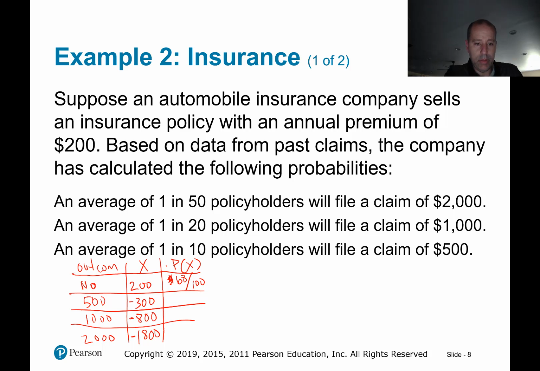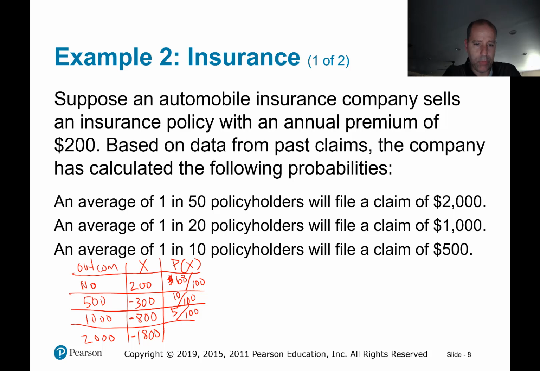This was 10 over 100. And then the other one was 1 out of 20. Oh, I'm sorry, I made a mistake. That should be 5 out of 100, not 20 out of 100. So I need to adjust that.